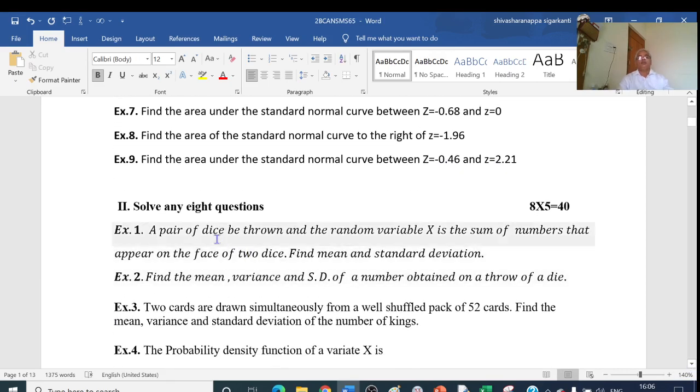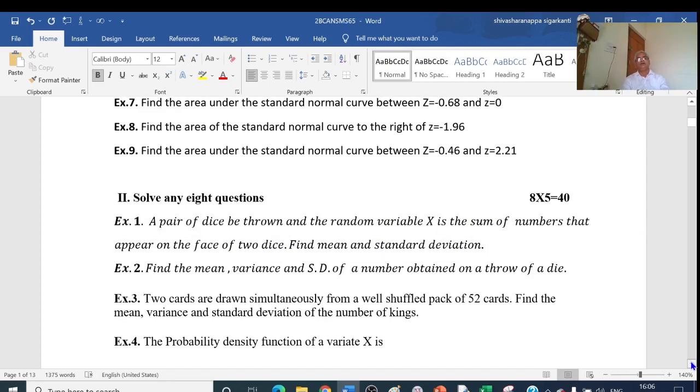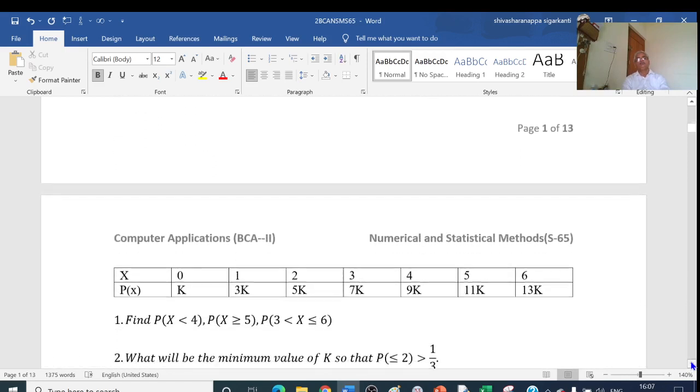And these are the types of questions you will get for 5 marks. A pair of dice being thrown and the random variable x is the sum of the numbers that appear on the face of 2 dice. Find mean and the standard deviation. All these questions we have discussed in previous sessions.